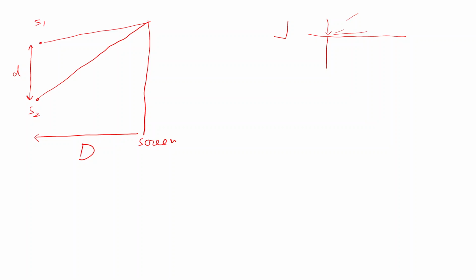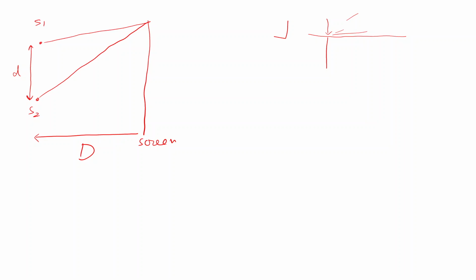So some light will be going in this direction, and although the distance to the screen is capital D, there is the path the S1 wave is covering and the path the S2 emitted wave is covering. You can clearly see this is the longer path, this is the smaller path. That means there is a path difference between these two.